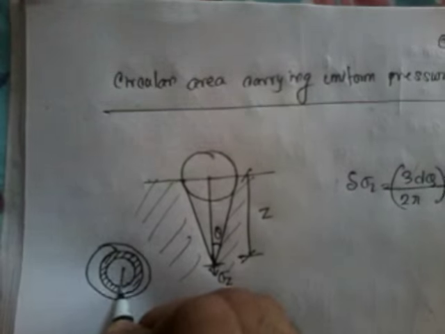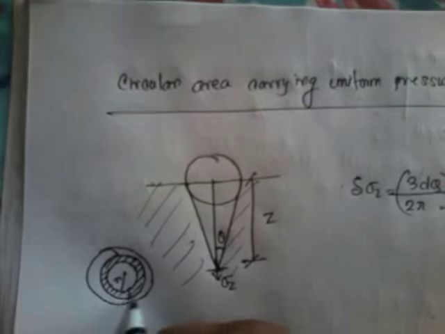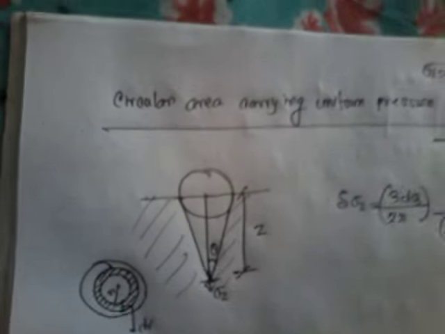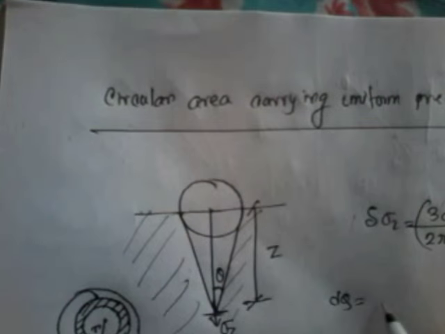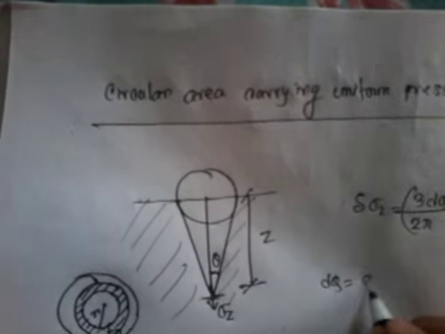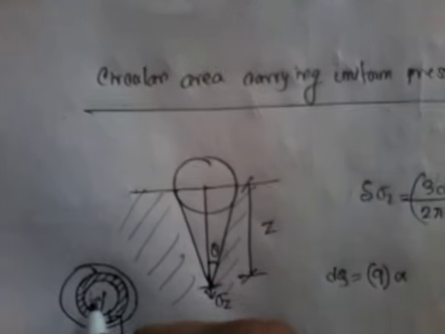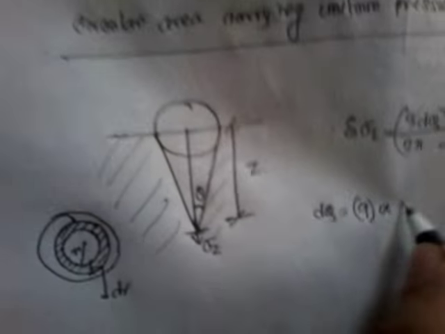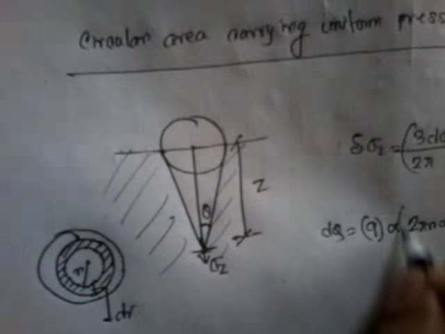Here this is the distance r and this is the thickness dr. So now dq will be the stress intensity q into the area. So area is 2 pi r into dr.